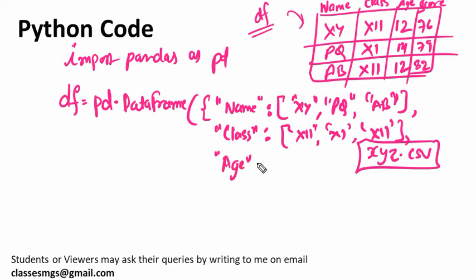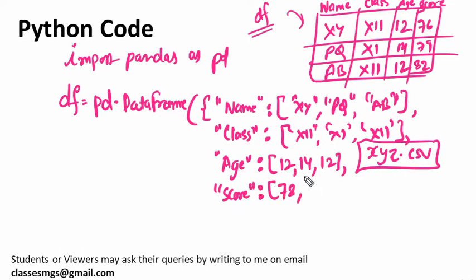This is the only thing that I am doing, creating the data frame. Don't worry, if you don't know how to create the data frame, please go and watch my theory videos in which I have discussed how to create the data frame. On that video, you can learn how to create the data frame. At this time I am directly creating the data frame using Python code. You should know that at this moment, because there are so many practicals we have done on data frames and we have already seen how to create a data frame.